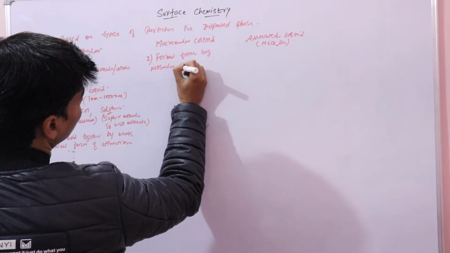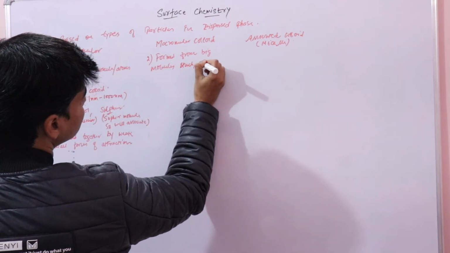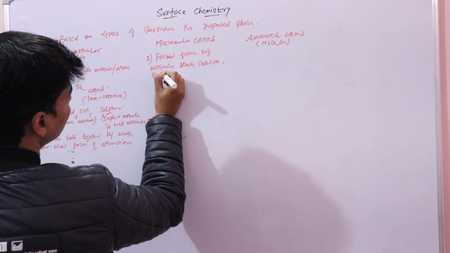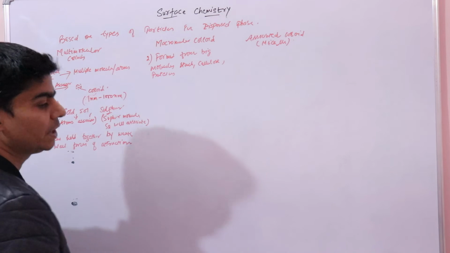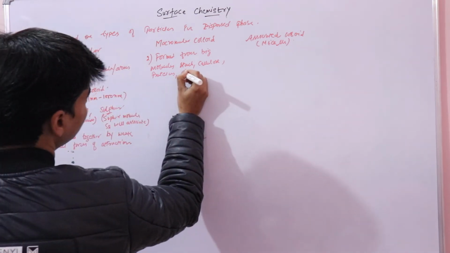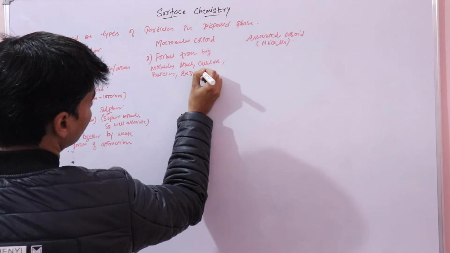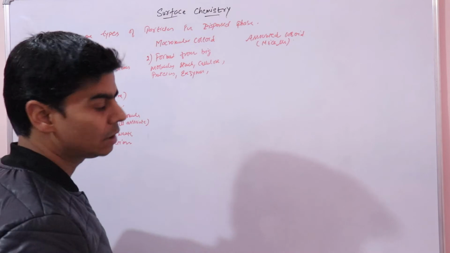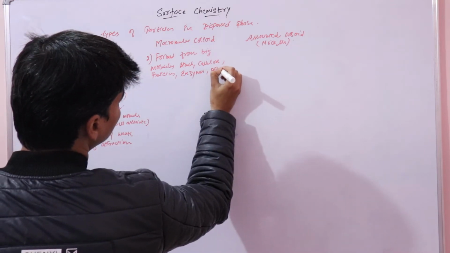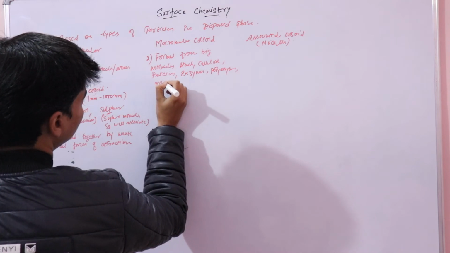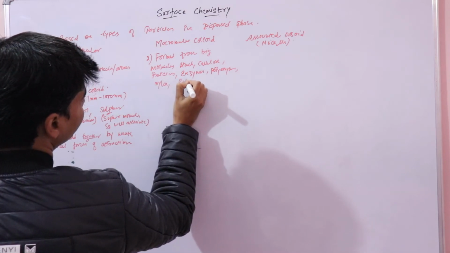If we talk about starch, cellulose, and proteins, we know proteins are big molecules made up from amino acids. Similarly, enzymes are also proteins. These are natural polymers, and there are some man-made polymers like polyethylene, nylon, rubber.